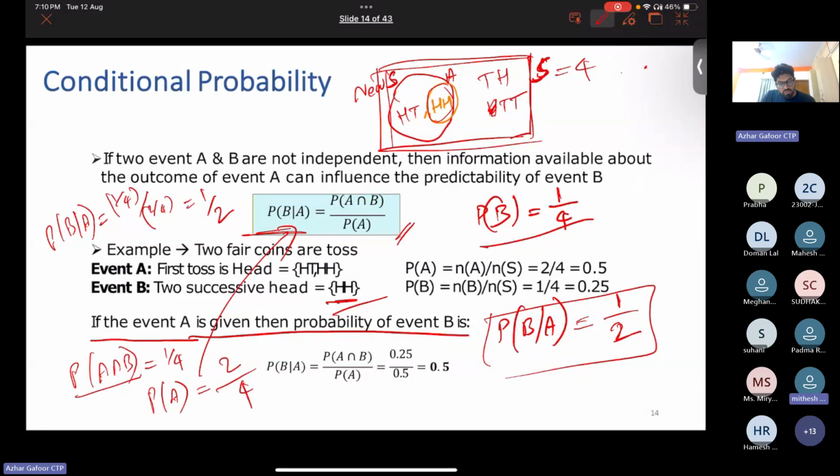So the probability of getting two successive heads, given the first toss is a head, is 1/2, whereas if there is no condition given, it is 1/4. So that is the conditional probability.